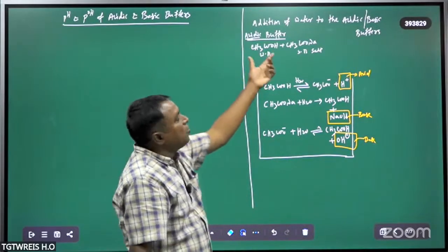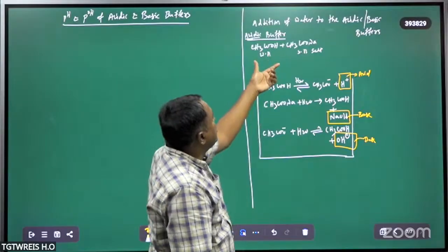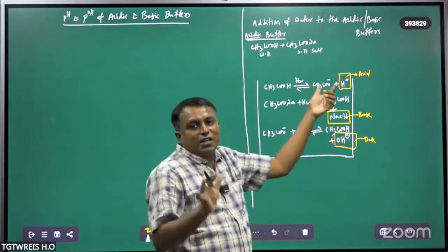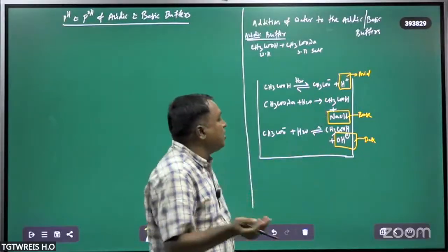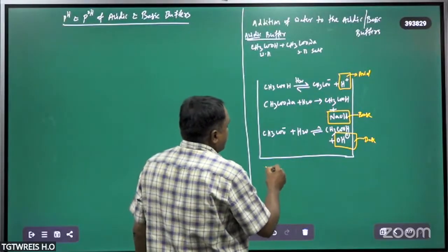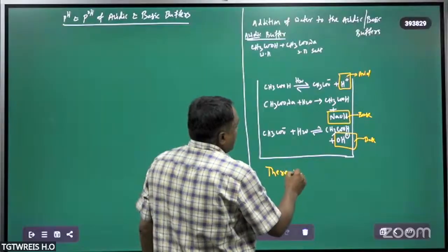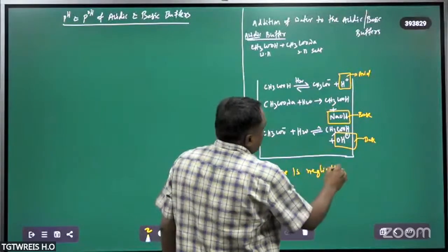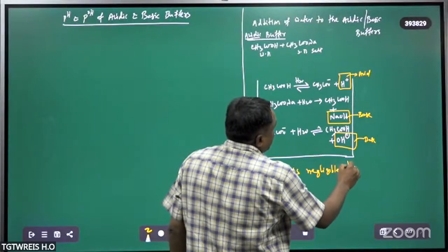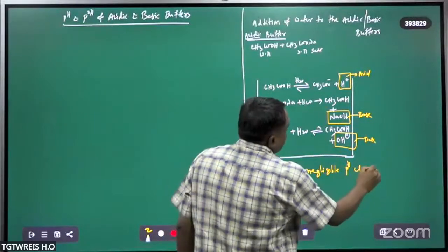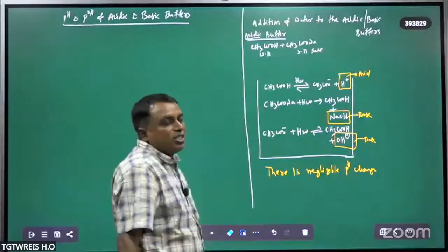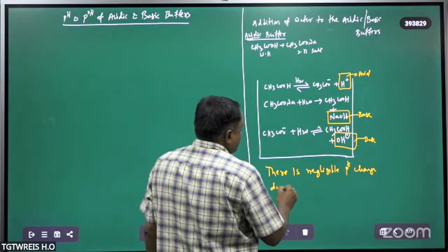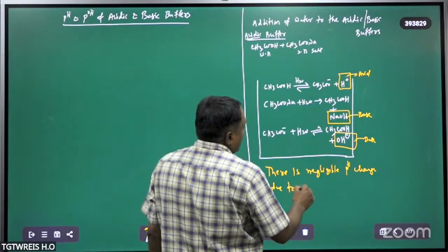Suppose you take one acidic buffer like CH3COOH and CH3COONa. Now, upon adding water, what will happen? There is a negligible change in pH due to neutralization.